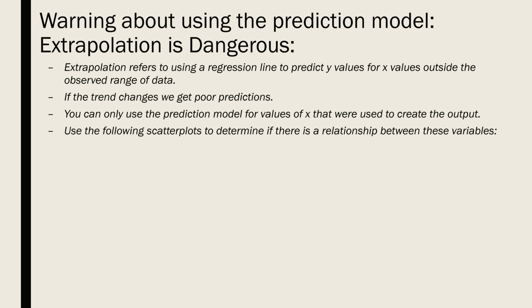Extrapolation is dangerous. Extrapolation refers to using a regression line to predict y values for x values outside the observed range of data. If the trend changes, we get a poor prediction. You can only use the prediction model for values of x that were used to create the output. Use the following scatter plots to determine if there is a relationship between those values.